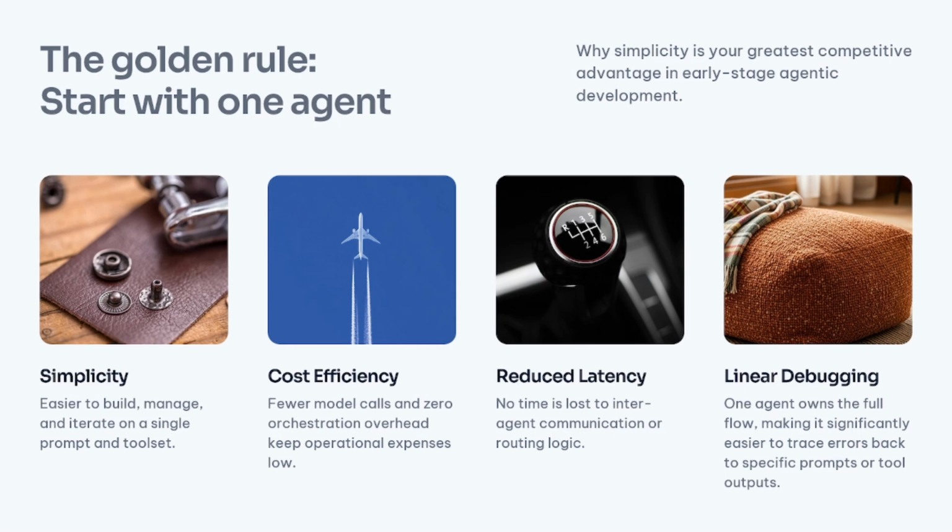Then you design the architecture, and then you build it, and then you test the system, and then you deploy, and then you monitor and observe continuously, just like that.